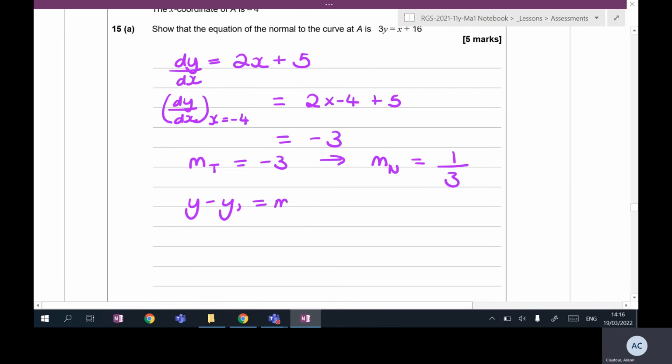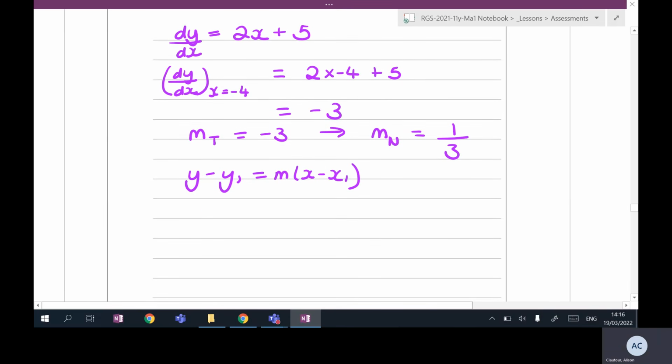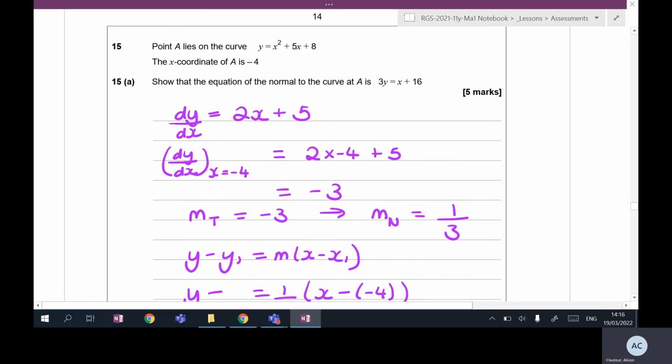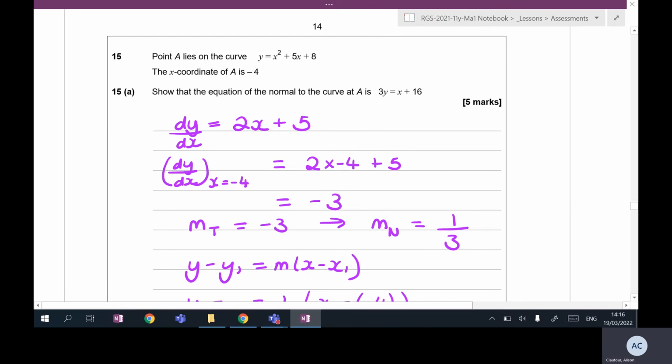Equation of a straight line is y minus y1 equals m(x minus x1). So we know the gradient is going to go in where m is. And then we just need a point on the line to go in where x1 and y1 are. So we know the x-coordinate is -4. So x minus -4. Okay, we just need a y-coordinate. Now we don't have a y-coordinate, so I need to work that out as well.